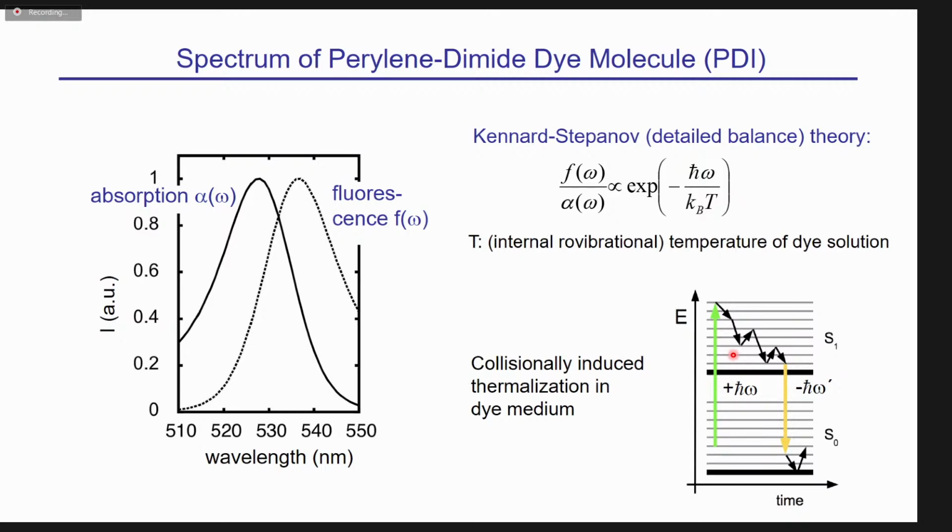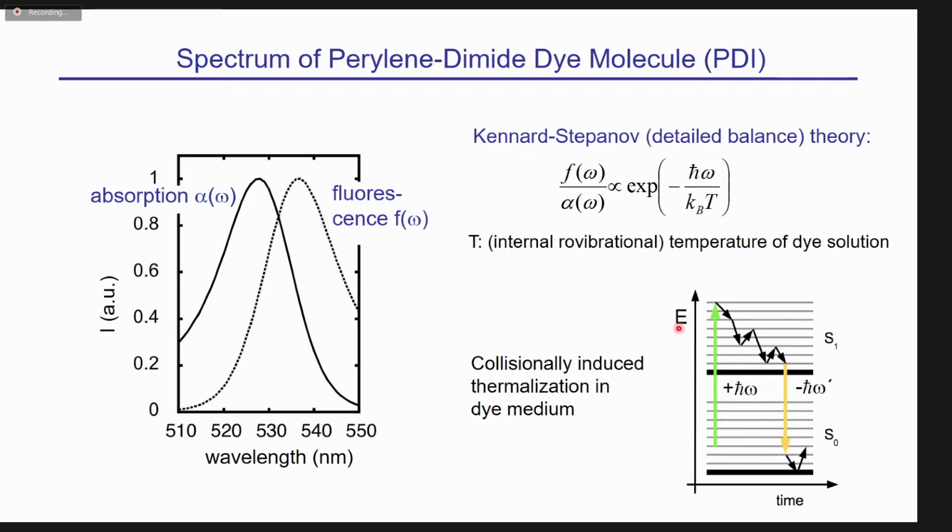This is, of course, much faster than any electronic processes. Because of that, not just the ground state rovibrational manifold, but also the excited electronic manifold thermalizes. And we have a thermalized distribution both within the ground and the electronically excited state manifold.